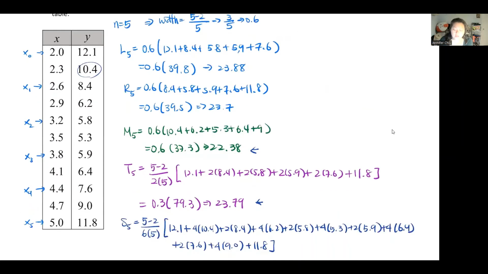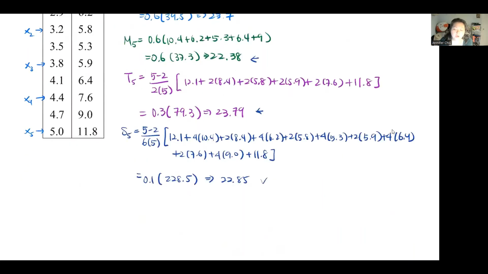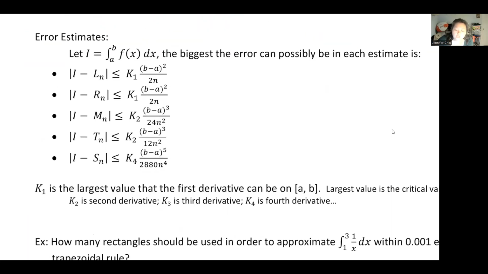This I is your actual area, and I minus your estimation is the error that you have. So the areas you get with LRAM, RRAM, and MRAM have different levels of error.